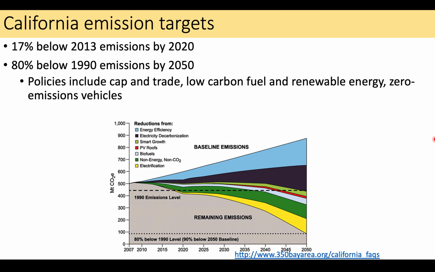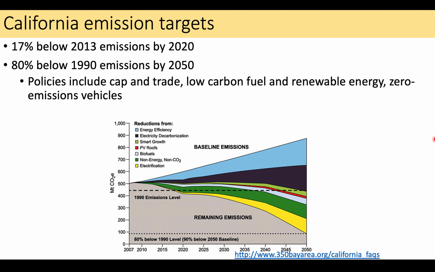By 2020, the goal was to be 17% below the 2013 emissions. And by 2050, the goal is to be 80% below the emissions from 1990. So California has some very, very aggressive targets in the best way possible.